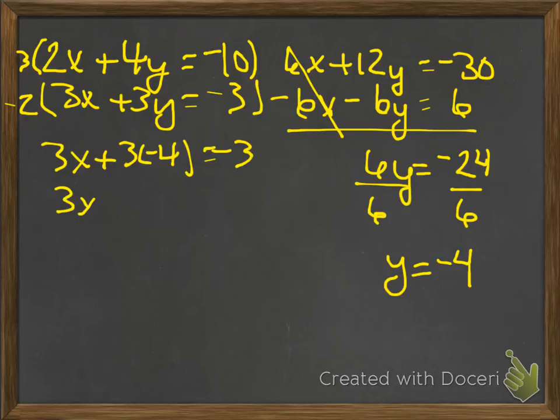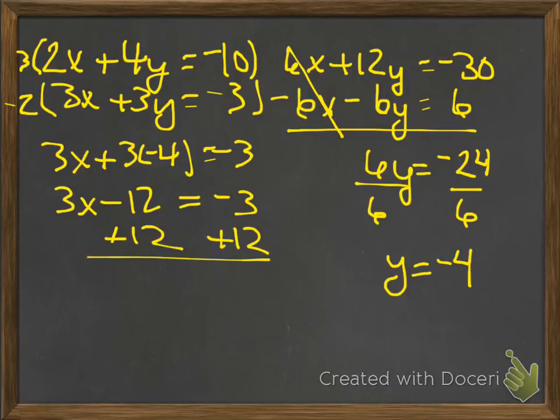So I got 3x minus 12 equals -3. And then add 12. All I've done here is put the -4 in place of the y, because it was y equals -4. 3 times -4 is -12.